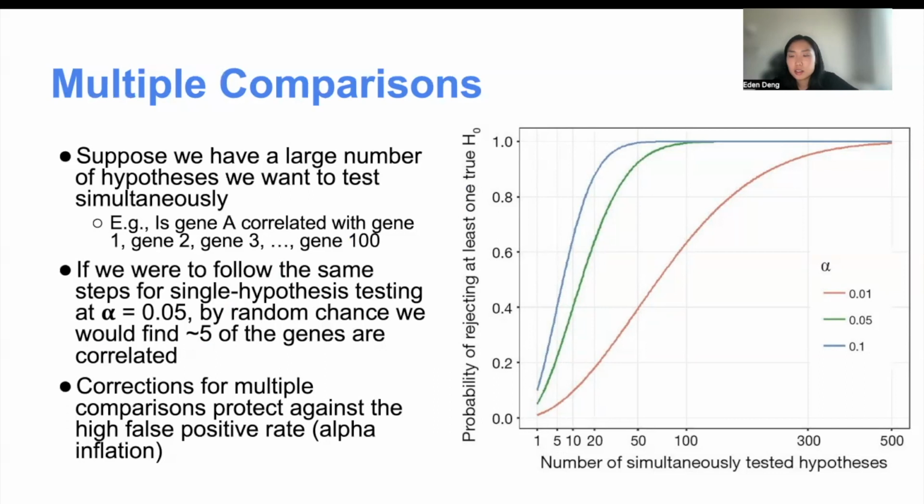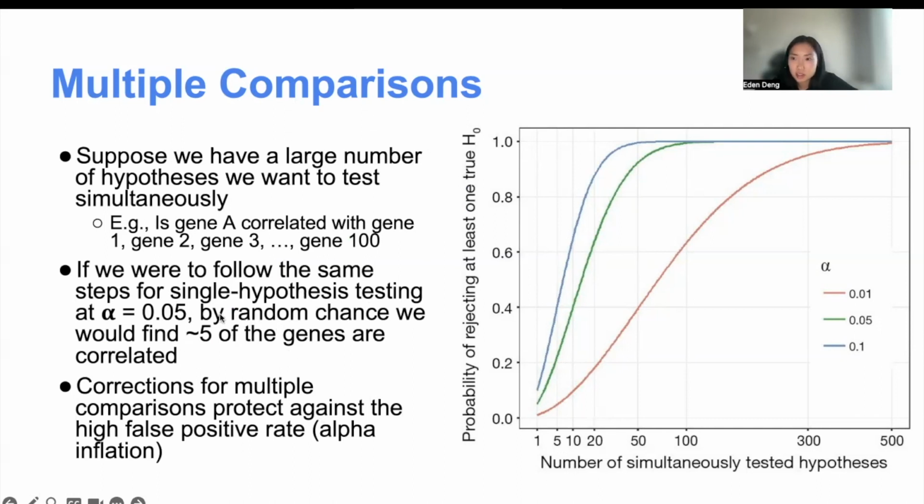But there are some issues that arise from multiple testing. So to illustrate this, say we've performed 100 correlation tests between genes, and we want an alpha level of 0.05. So just by random chance, even if the null hypothesis was in fact true, we would find that roughly 5% of the genes we test are significantly correlated.